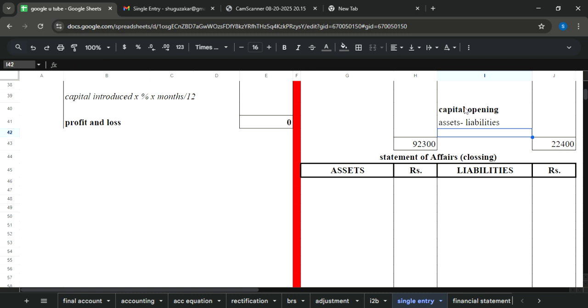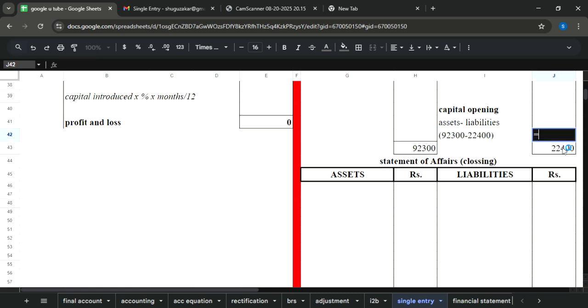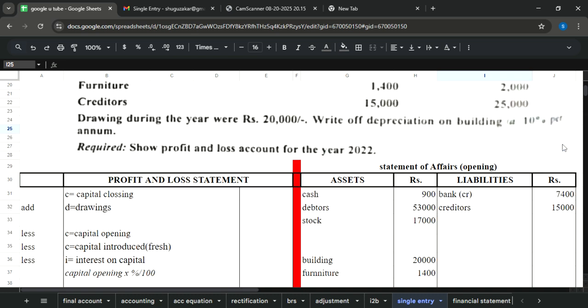Total of asset side 92,300, and you will subtract the total of liability side 22,400, and this way you will calculate your capital. What is 92,300? This is the total of asset side, and then 22,400 is your total of liability side. We have got capital 69,900.